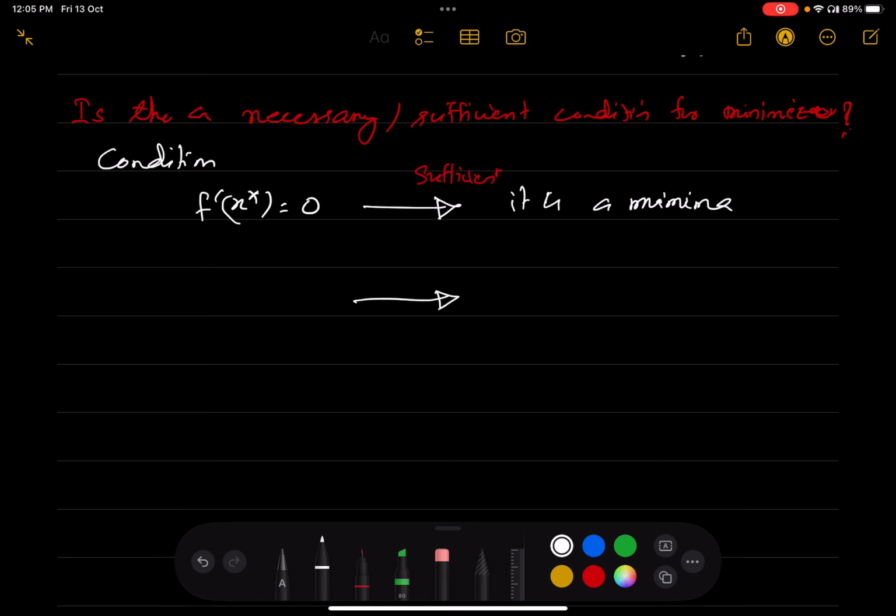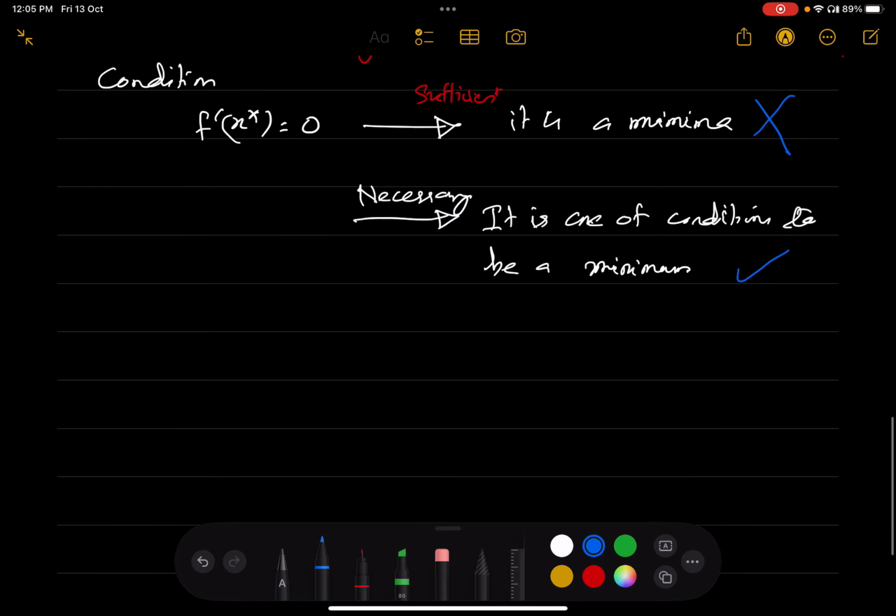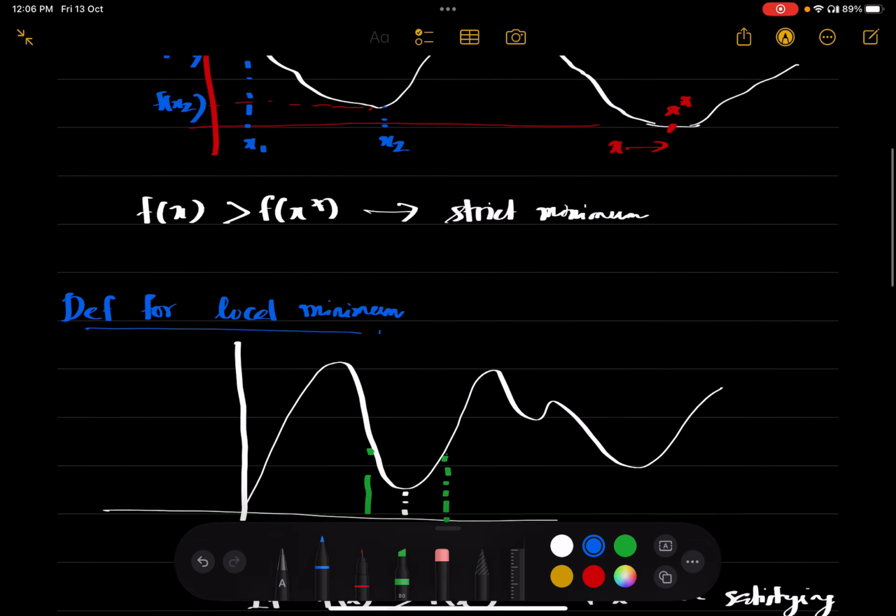If by this condition we can say it is one of the conditions to be a minimum, then this is actually a necessary condition. It happens that this is actually not a sufficient condition, this is a necessary condition, because the answer lies here.